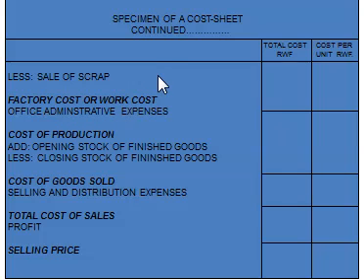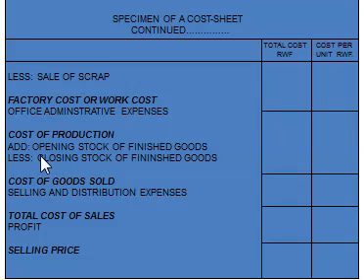If you don't have scrap, then here it will be zero, and you have your factory cost, or what we call the works cost. Then on your works cost, you add the office administration, the salary of the managers, then you get the administrative cost.